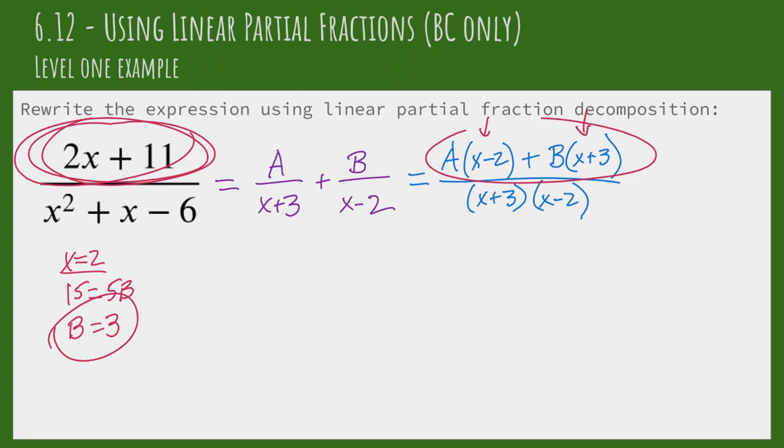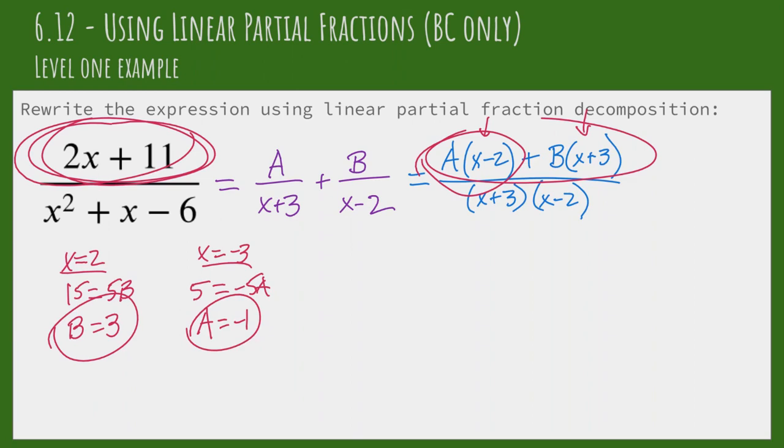And then to solve for a, I'm going to make the second term go away, and I'm going to do that by choosing x equals negative 3. So we're going to have 2 times negative 3 is negative 6, plus 11 is 5, equals, and then negative 3 in here is going to give us negative 5a, and then the term with b in it goes away because that's going to be b times 0. So we get a equals negative 1.